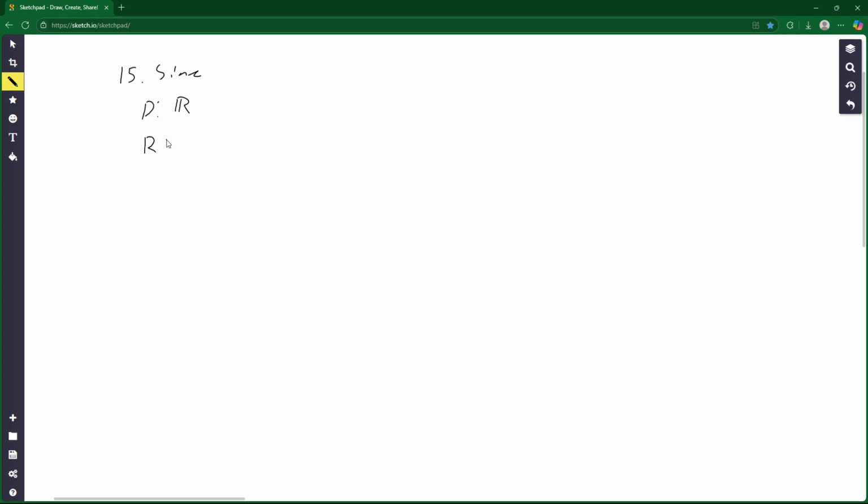Our range is from -1 to 1. 16, cosine, same thing. Domain is all real numbers. Range is -1 to 1.